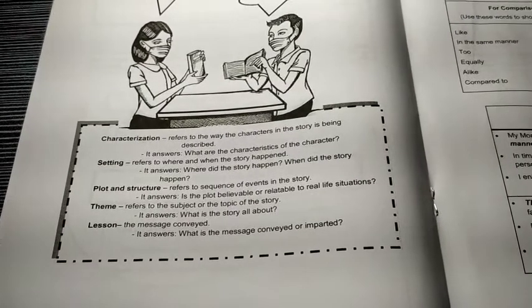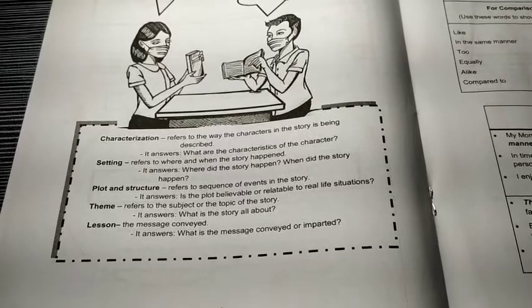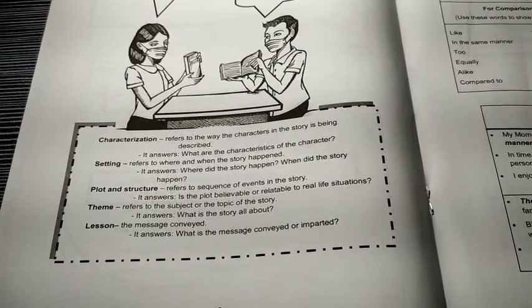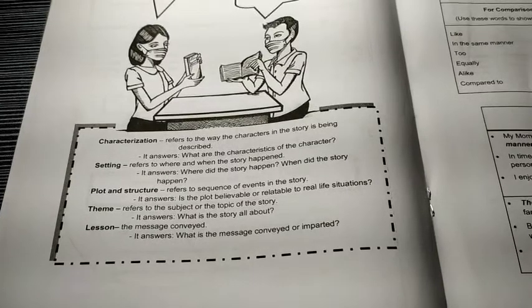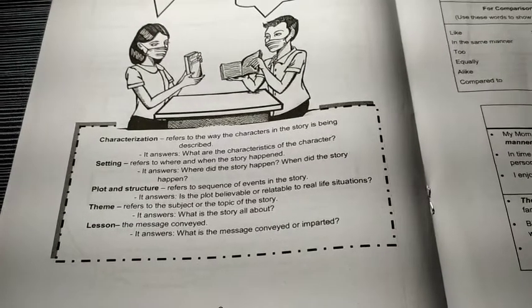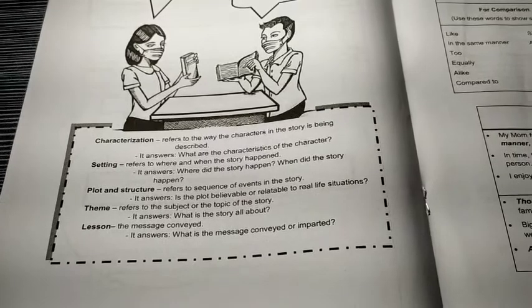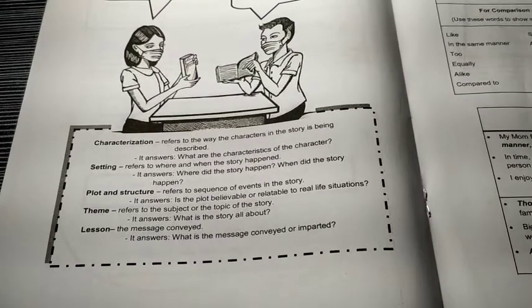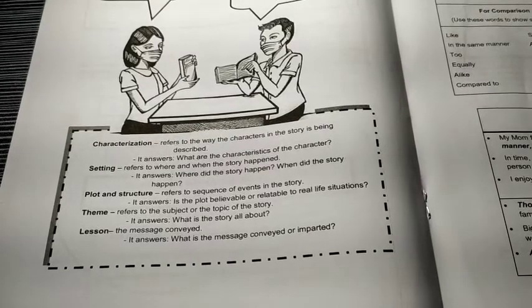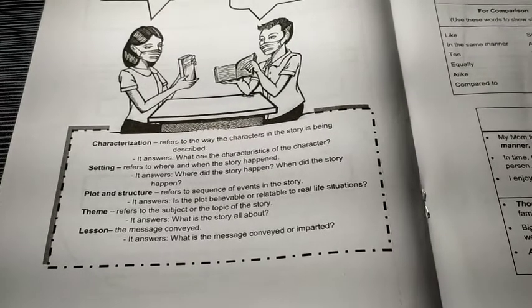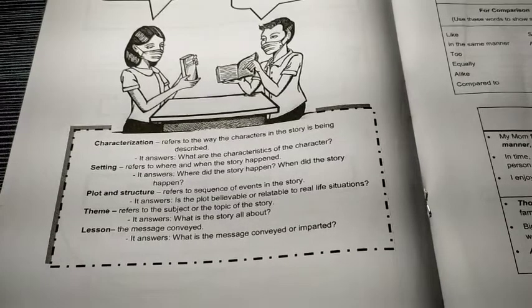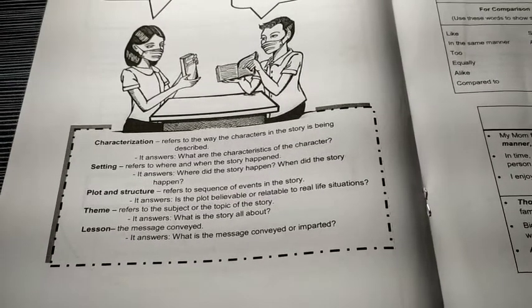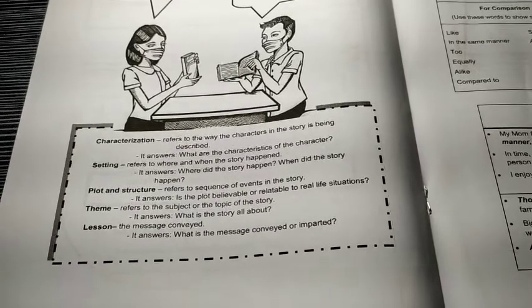Then the third one, plot and structure, refers to the sequence of events in the story. It answers, is the plot believable or relatable to real life situations? So plot and structure is how the story is presented. For example, like what I said a while ago, if the author started with a flashback, or if the author started with what is happening in real time, it depends on how the story is being told and narrated.